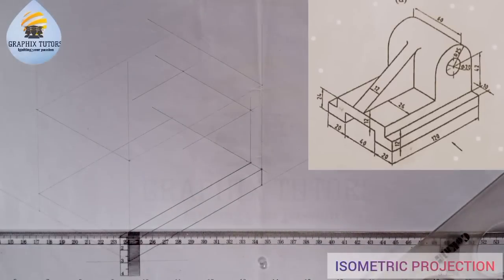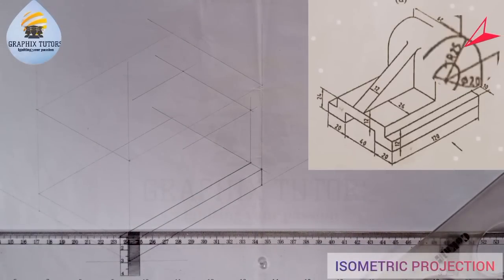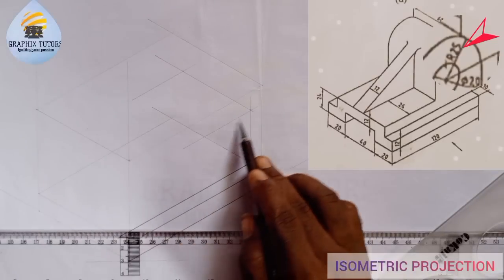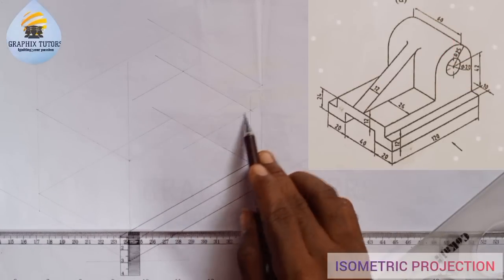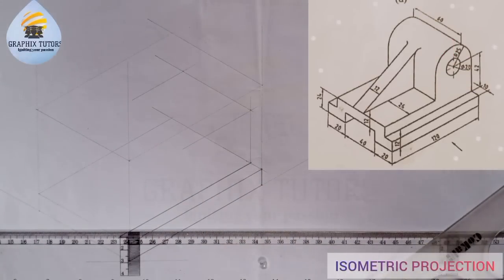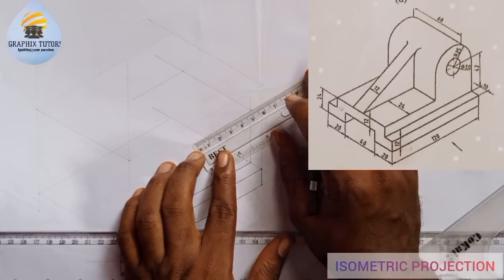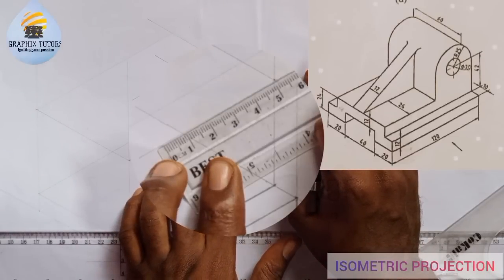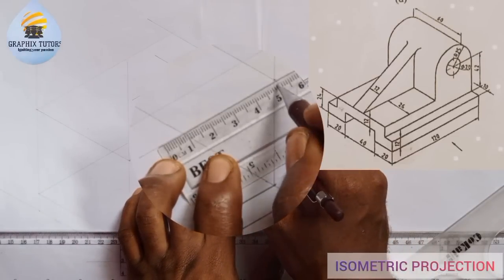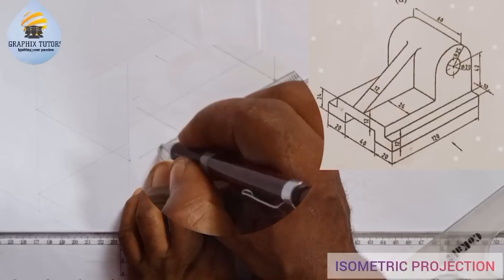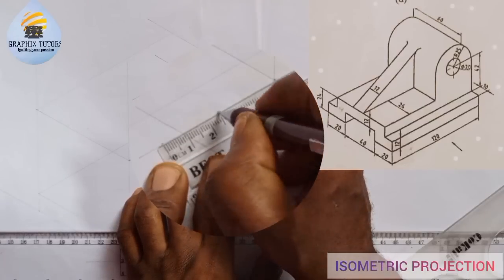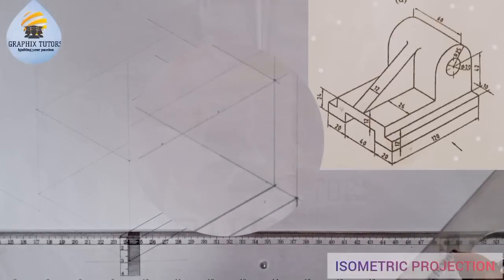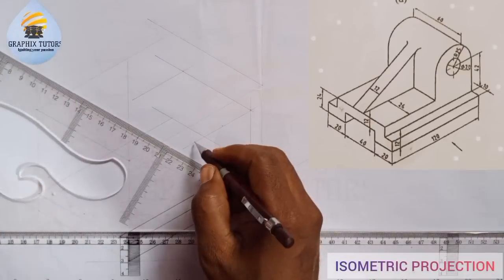Right? Then, since the radius is given here to be 25, it means that the length of this line will be what? 50. The diameter will be 50. So I'll measure 50 here. From 0 to 50 is 50 here. And this is 0. And 25 is the center of what? Of 50. Then I'll close them up this way.